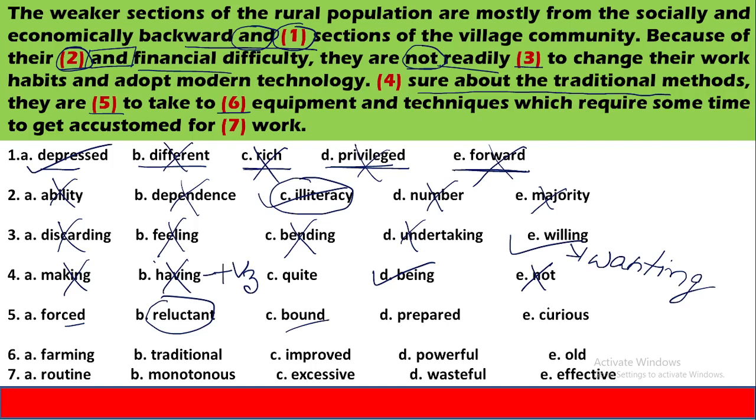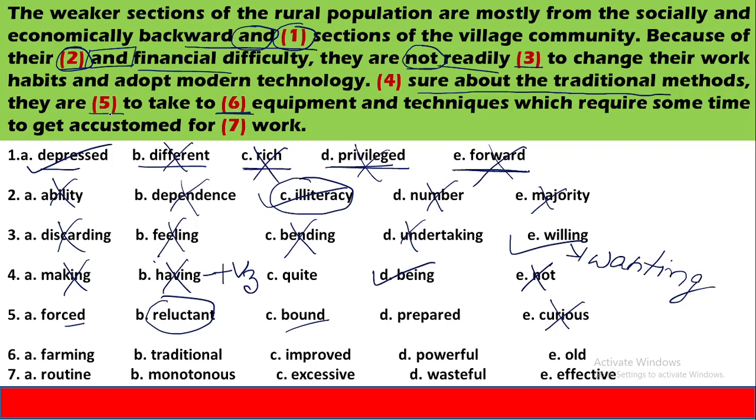They are curious to take to? No, they are not curious. If any positive word comes here, they will not be curious to know about that. They are prepared to take? No, they are not prepared to take, because if the word is positive here, it all depends upon which word is placed here.